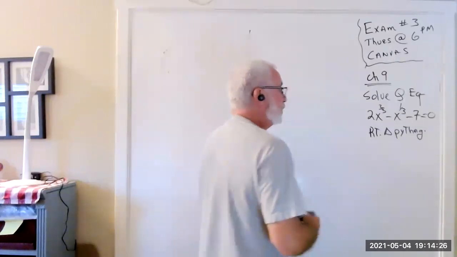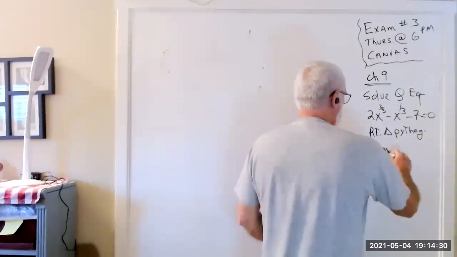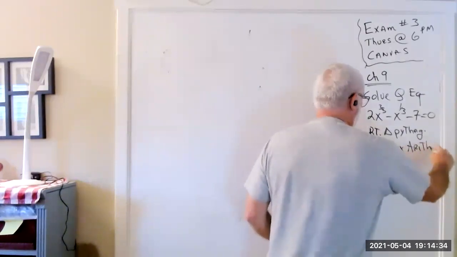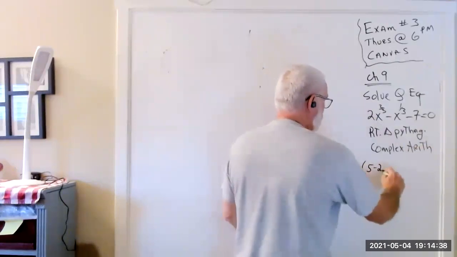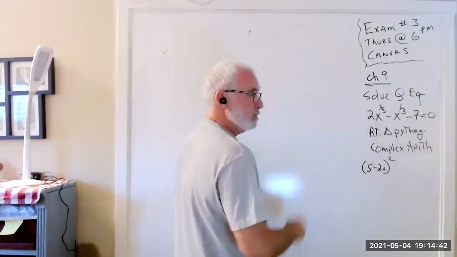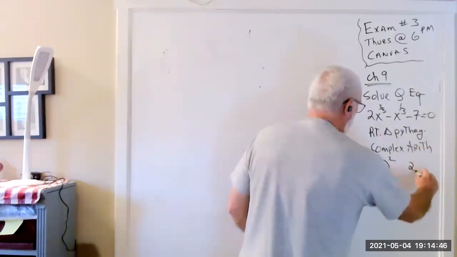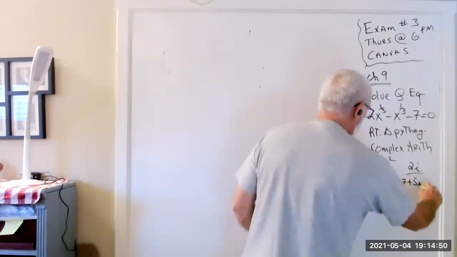There's going to be some complex arithmetic. Things like, what's 5 minus 2i quantity squared? Remember, i is that weird number. Or what if you had 2i over 7 plus 5i?